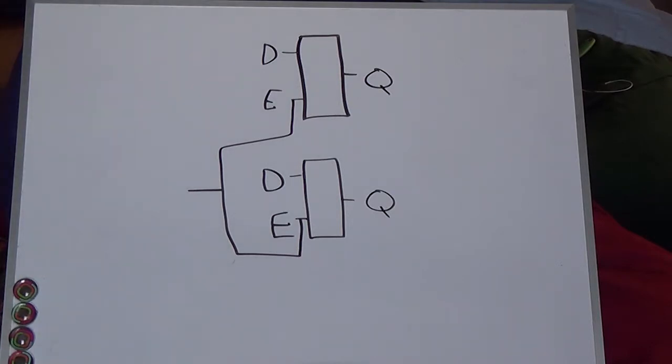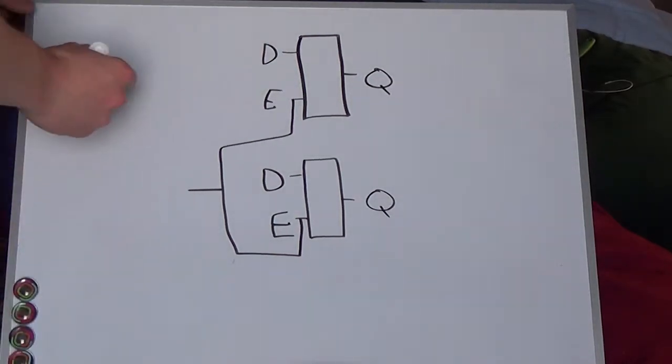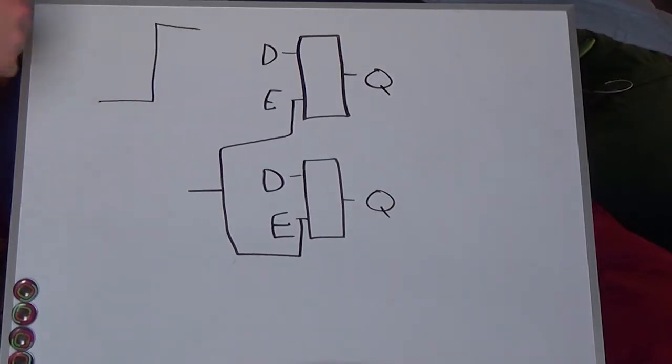We need, on one clock pulse, to be able to put data on the data lines and accept the data. So from somewhere else in the computer, when a signal goes from low to high, we need to put data on the data lines, and we need to accept the data into the registers.